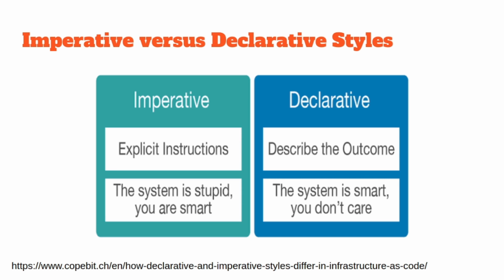Whereas in declarative style, we describe the outcome, and the system is smart enough that it handles everything for you. You just need to describe the outcome, and the system will handle everything behind the hood. That is declarative style of programming.